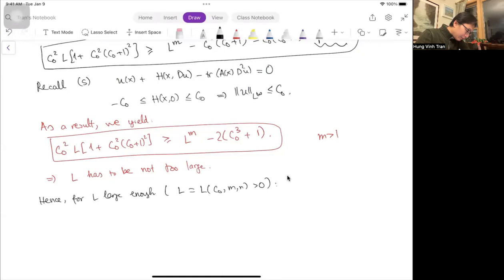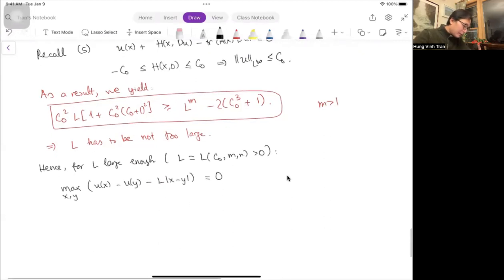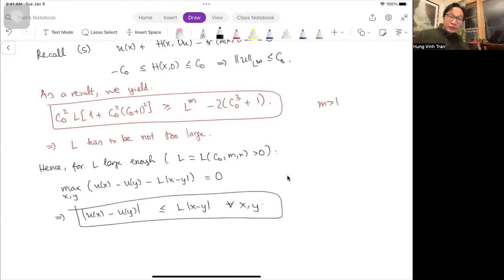We do get that the maximum over x and y of u(x) minus u(y) minus L times |x minus y| has to be 0, right? It cannot be positive. And what does it mean? This implies that u(x) minus u(y) is always less than or equal to L|x minus y|. It is symmetric, sorry. So this is true for all x and y. And thus we get our result.